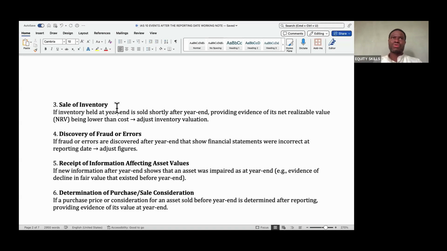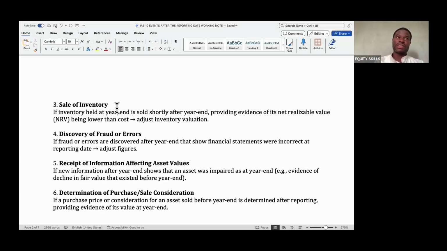We cannot point to any new event that affected those prices. It just came. That shows that was the price that was existing, just that we did not know at the end of the year. It was only when we sold it that we became aware of the selling price. And that's the challenge, right?